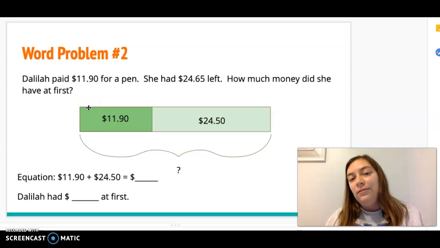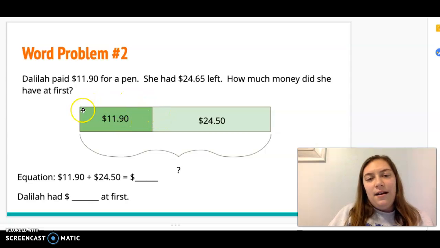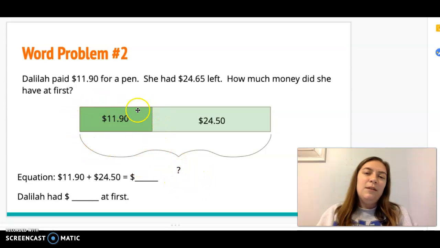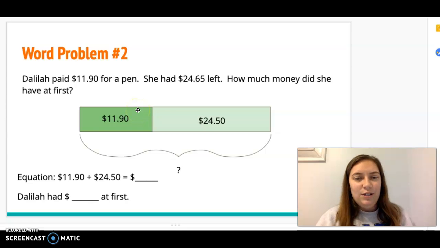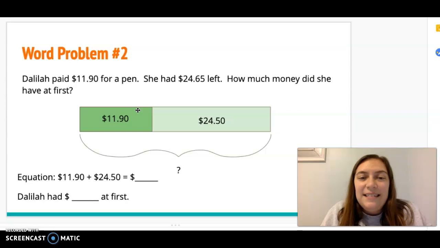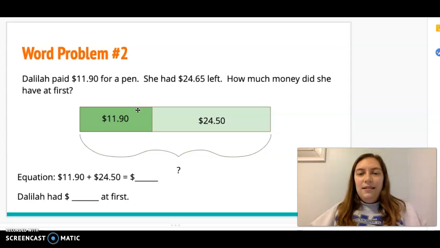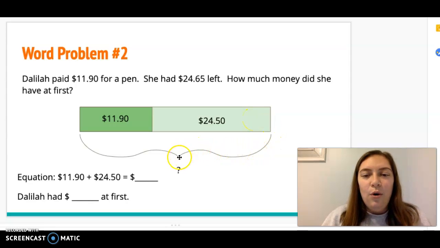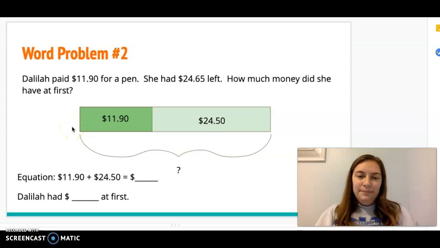So this is a part, this is a part, and the entire bar is our whole, which is represented by this question mark. She spent $11.90 on a pen. And then this is what's left of what she started with, $24.50. So we need to find the whole, what she started with.